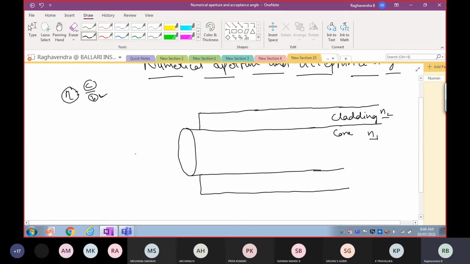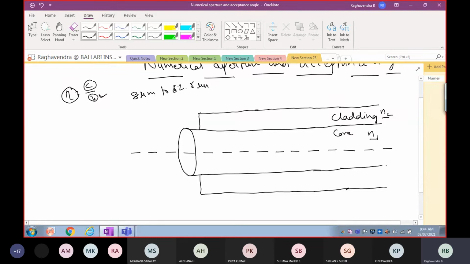Assume that this is the imaginary axis of the optical fiber. I had already told you the dimension of the core and cladding part in the last class. The dimension of the core part varies from 8 micrometer to 62.5 micrometer. Just imagine how small it is. It is very, very small.